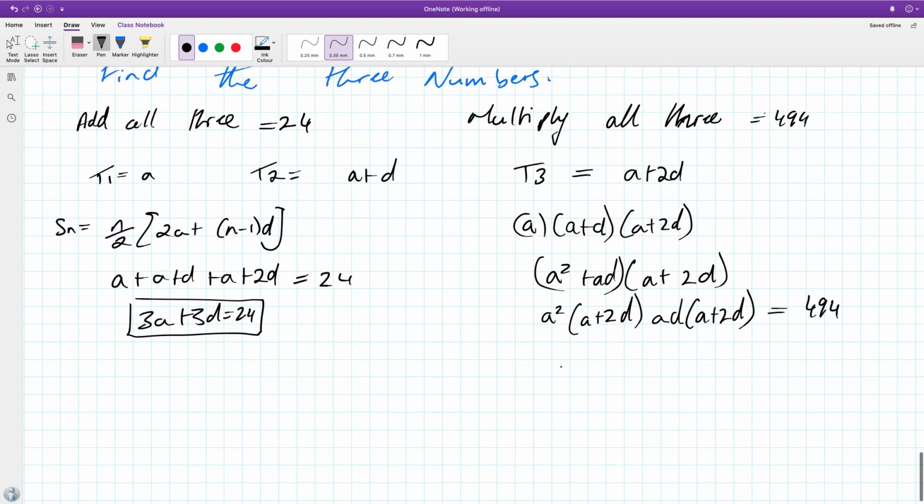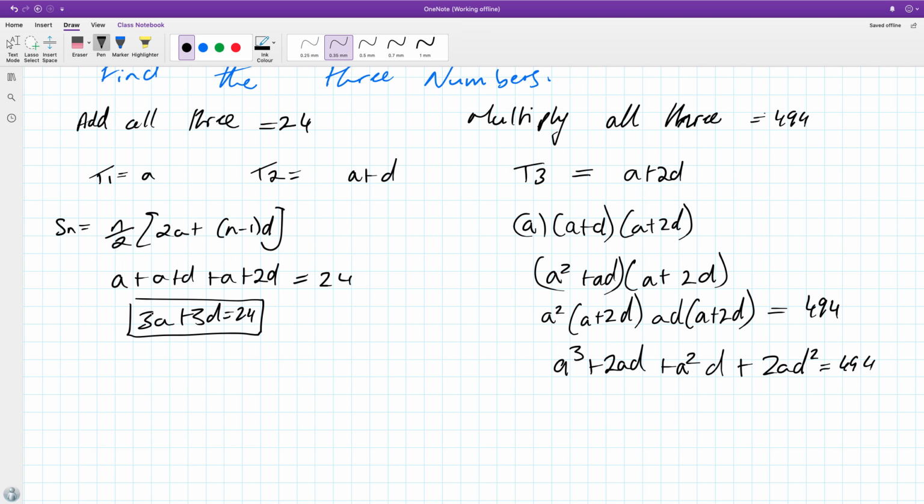A by A squared is A cubed, A squared by 2D is 2AD, AD by A is A squared D, AD by D is AD squared. And that's equal to 494. Is that right? Right.